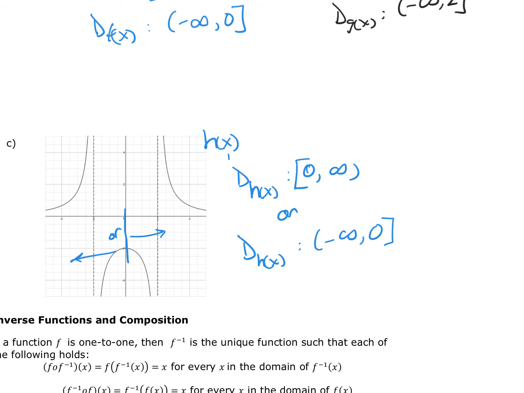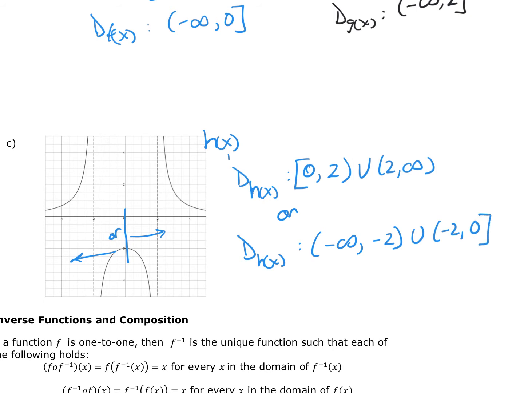Typically, we would wait until rational functions, but you can see I have this vertical asymptote, which means I really have to talk about I can't have that value, and that value happens to be 2. So it goes from 0 to 2, and then from 2 to infinity, or from -infinity to -2, and then -2 to 0. So either one of those would work.